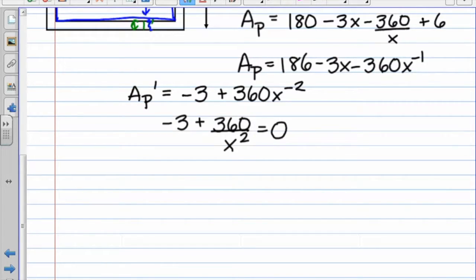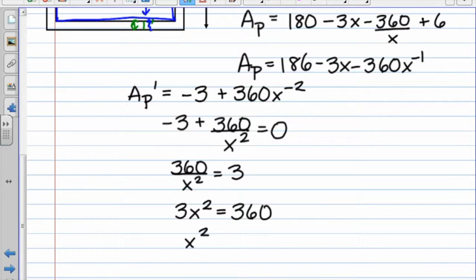And now I'm going to move over the 360 over x squared. Then I'm going to multiply both sides by x squared, and divide by 3 on both sides, which gives 12.